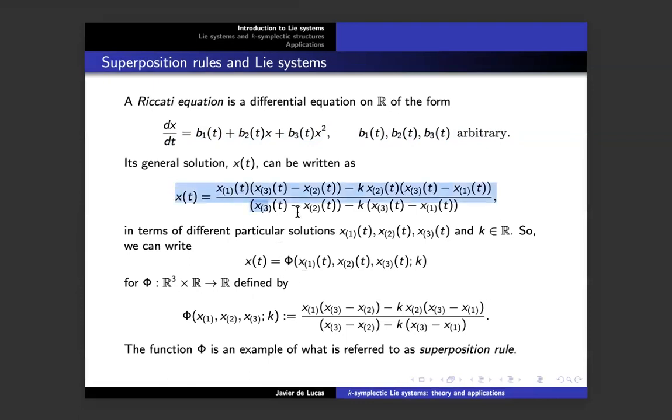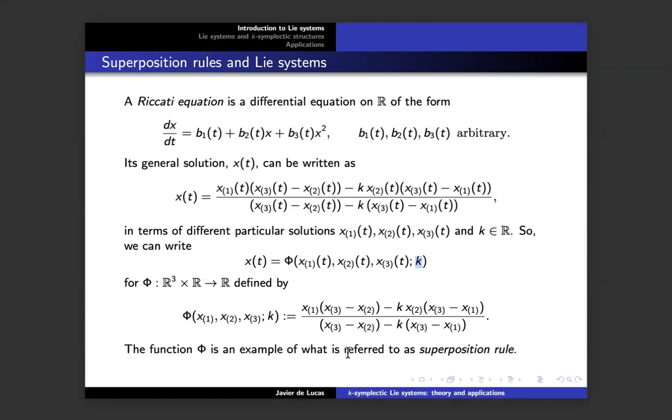So this expression, which has been known for a long time, can be written more geometrically in this way by saying that the general solution is a certain function depending on four parameters, such that if the first parameter is substituted by a particular solution of the Riccati equation, the second by another one, and the third by another one, and the fourth parameter is a constant, you will generate the general solution by inserting this.